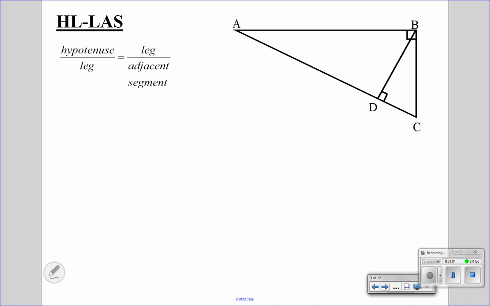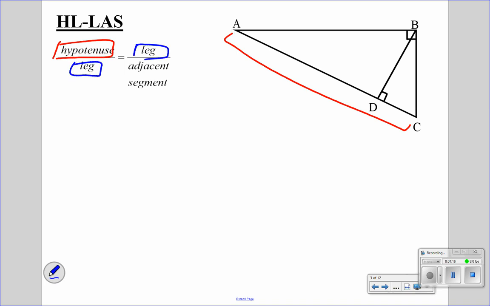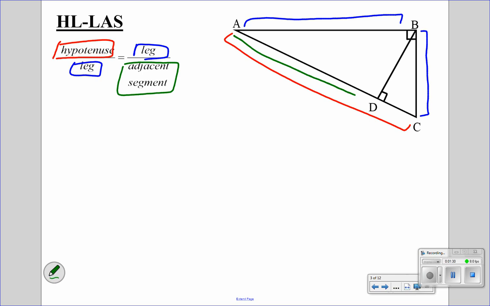HLAS calls us to write the hypotenuse, which is the hypotenuse of the largest triangle, over the leg. Now, this would be the leg of the larger triangle. It could be either AB or BC. If we use AB, then our adjacent segment is AD.